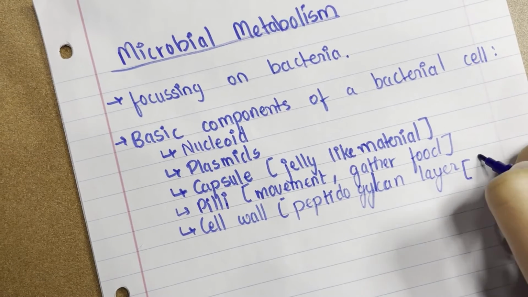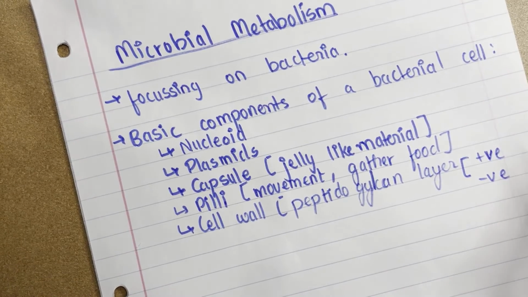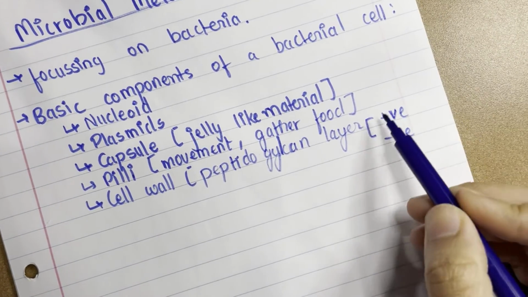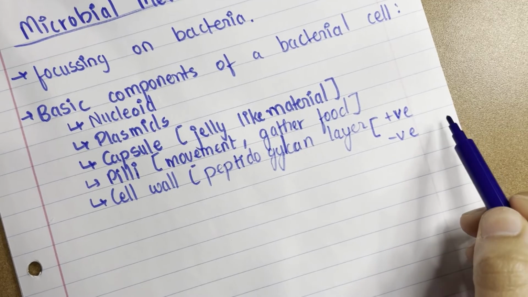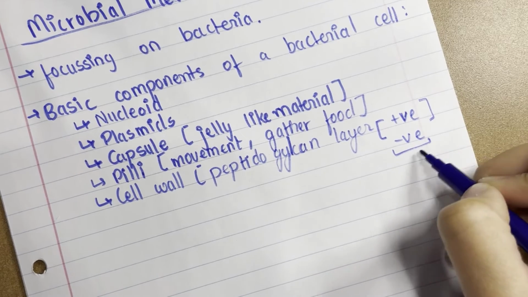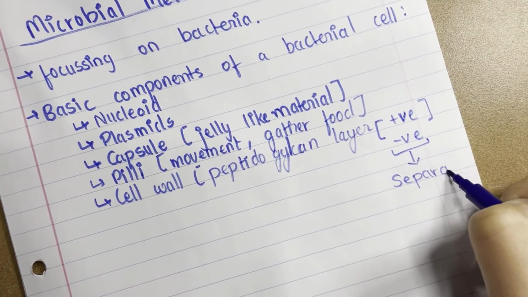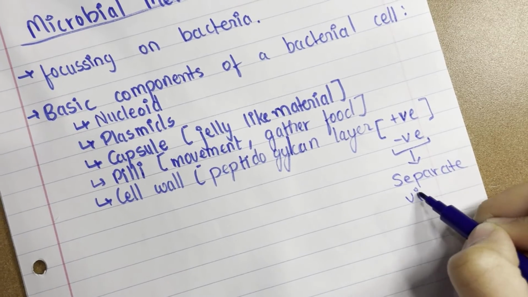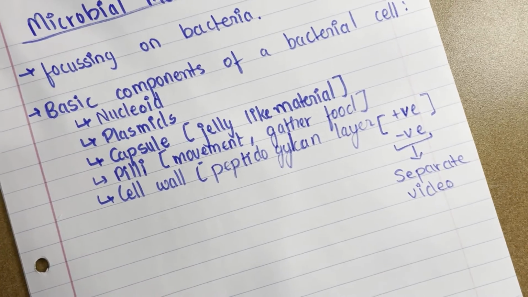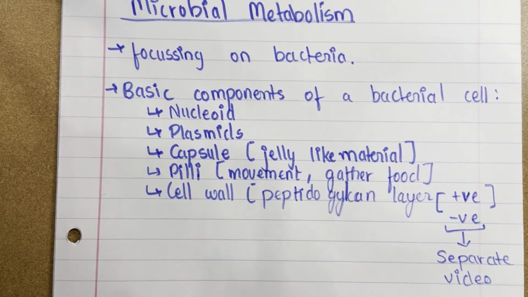Here we go about the gram-positive and the gram-negative bacteria. If you aren't familiar with the gram-positive and the gram-negative, or you need to brush up, we have a separate video for that. So make sure that you go check that out so that we are all on the same page. So this is like the basic components or the structure of a bacterial cell.